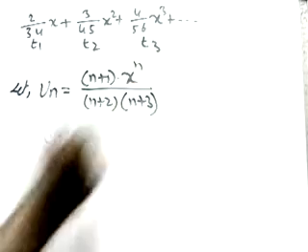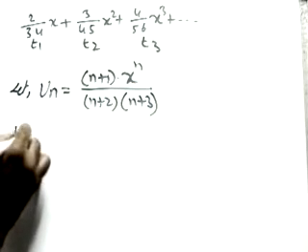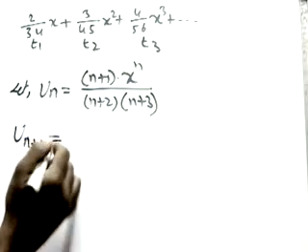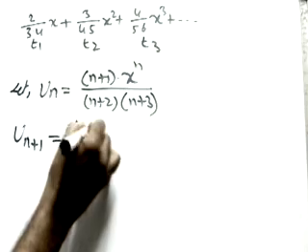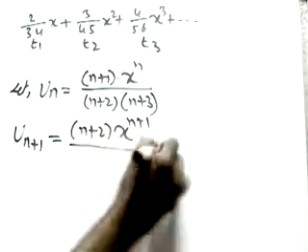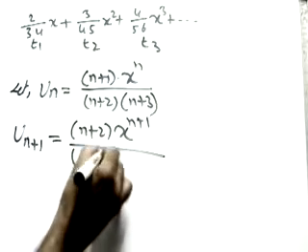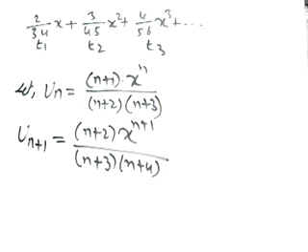This is 6, increase by 3, n plus 3. So let this be un. Now un plus 1 means in place of n you have to write n plus 1. So if you write n plus 1 here, n plus 1 becomes n plus 2, n plus 3, n plus 4.